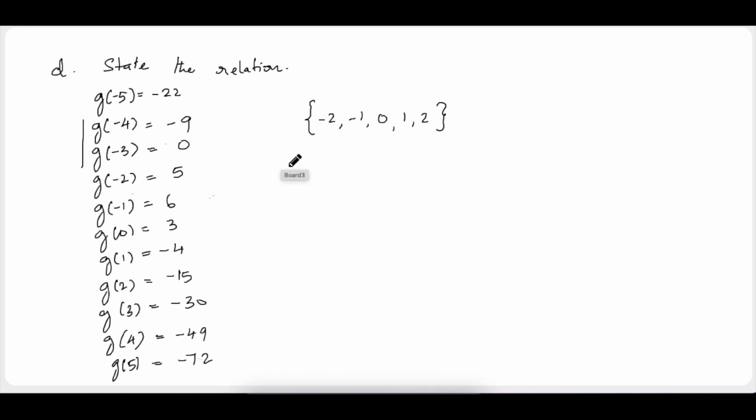For example, minus 5 produces the value minus 22, and each value of x produces a unique value of output, that is y. So we can say the relation is a one-to-one relation.